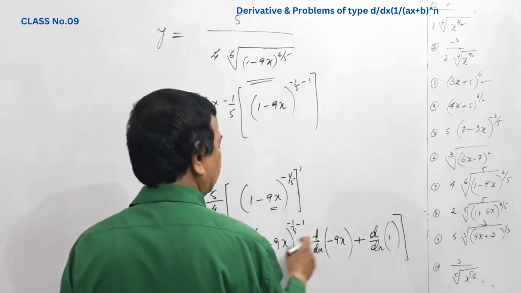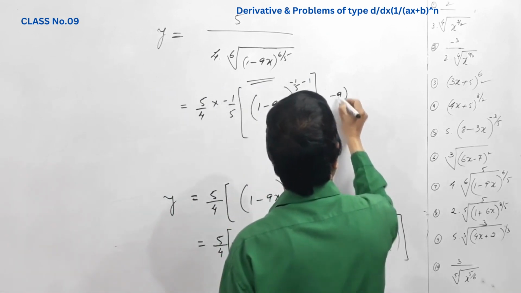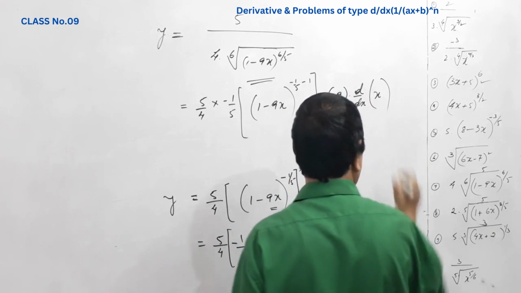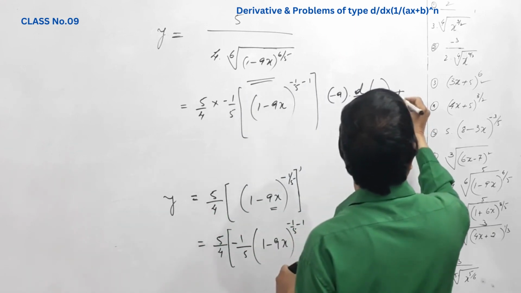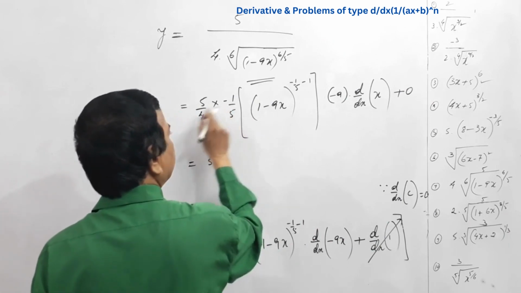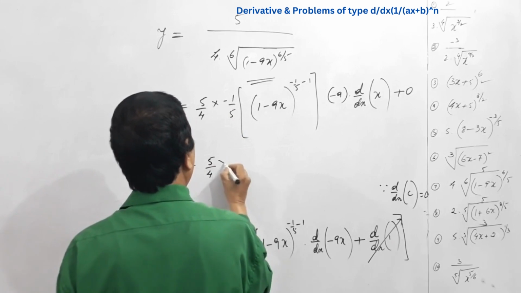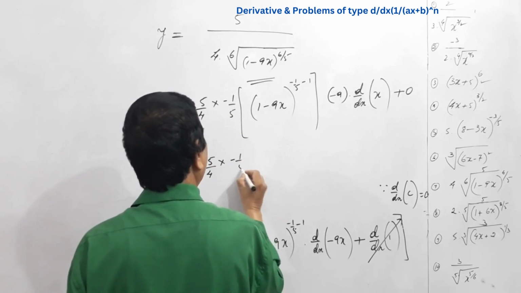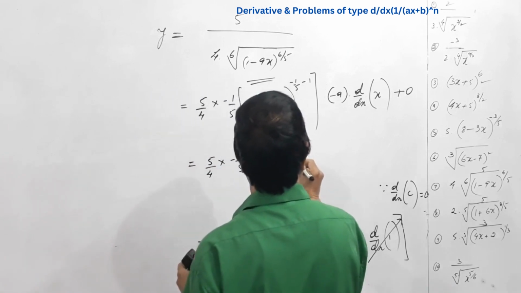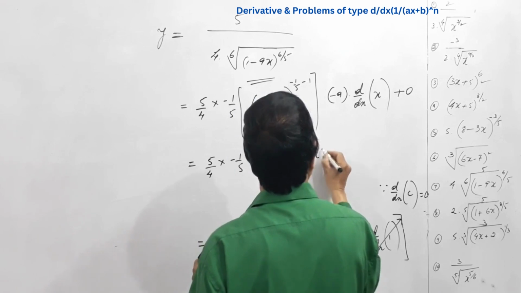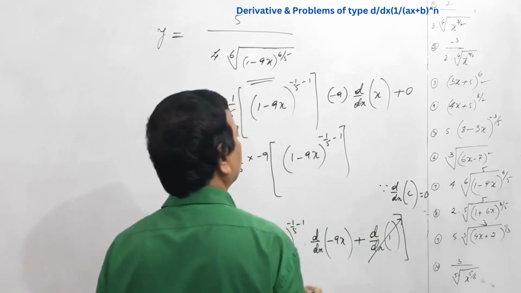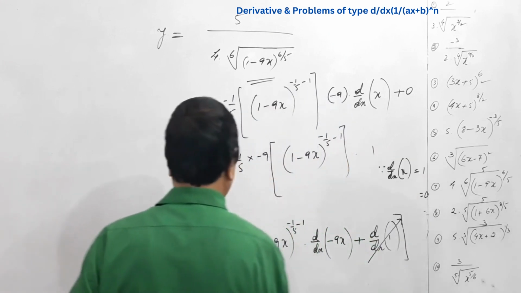I take the 9 outside, this becomes 9 into d by dx of x. So this becomes 5 by 4 into minus 1 by 5 into minus 9, into 1 minus 9x to the power of minus 1 by 5 minus 1, into 1.